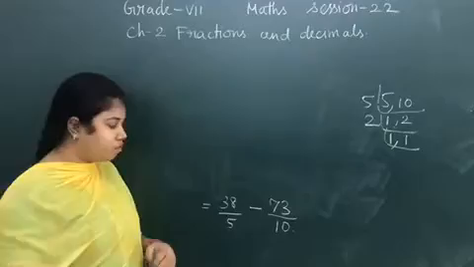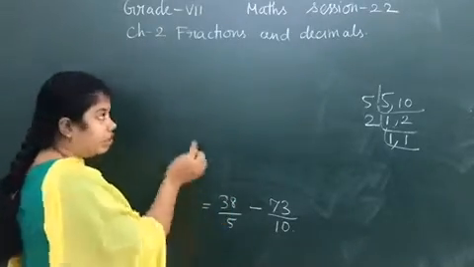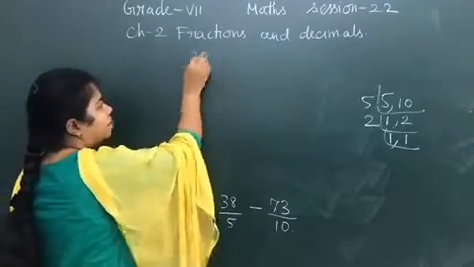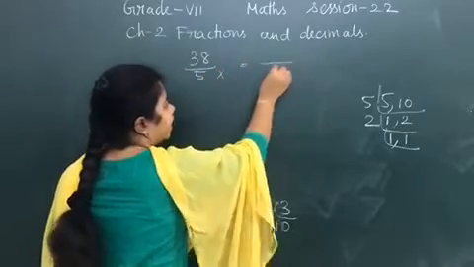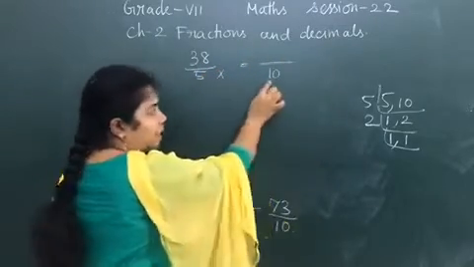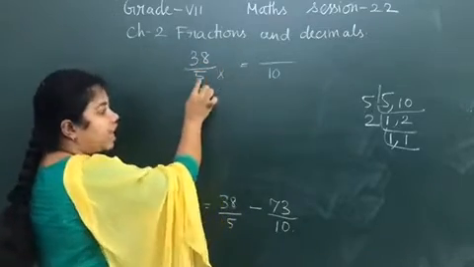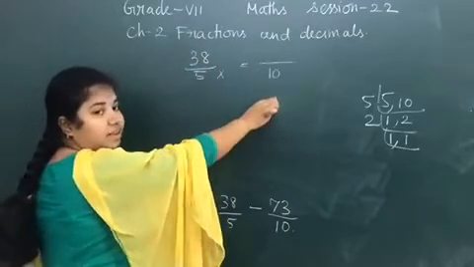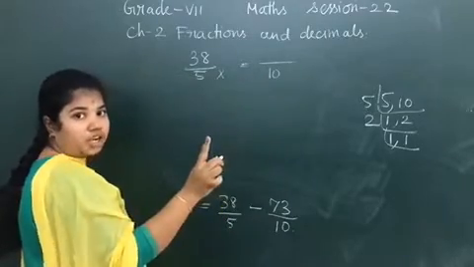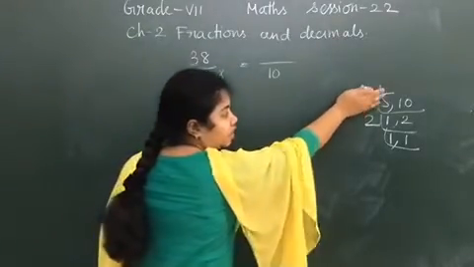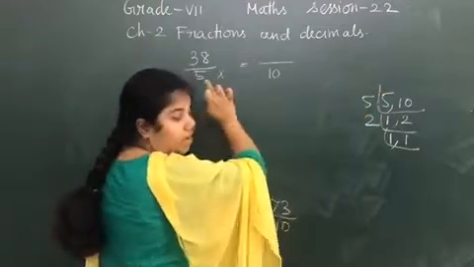Now what is my first fraction? 38 by 5 into dash is equal to 10. My LCM is 10, so I am writing equal to 10. Already I told you a shortcut method. Here 5 is there, ignore 5.